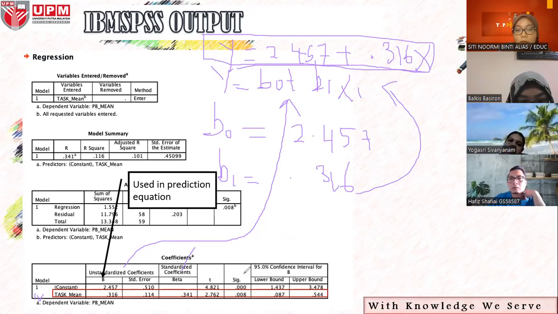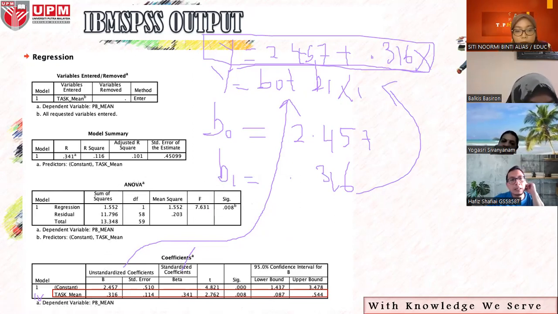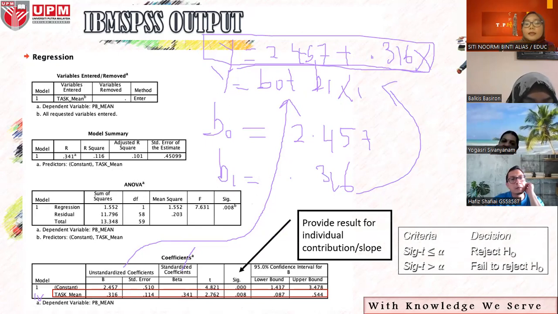So is the result significant or not significant? Significant, because it is less than alpha. The significant T is lesser than alpha 0.05, which is 0.008. So we can conclude that task-oriented coping contributes significantly to the DV, which is philanthropic behavior.